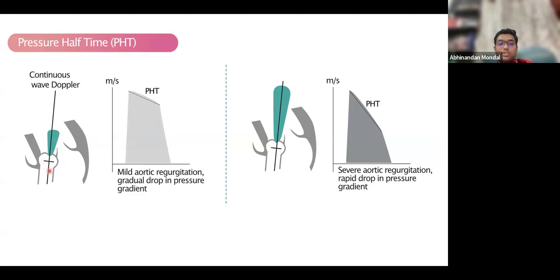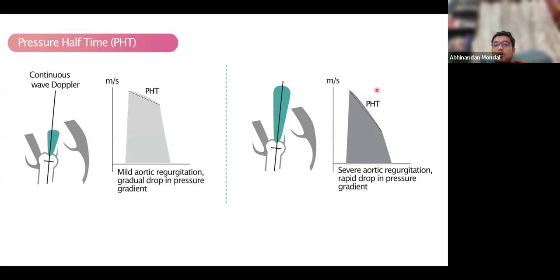The force by which the blood flows depends on the pressure gradient between the aorta and the LV during diastole. Whenever there is increased flow, the pressure gradient will become equalized even faster. So that will give you a shorter PHT.